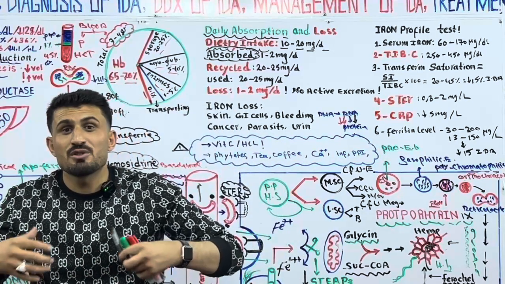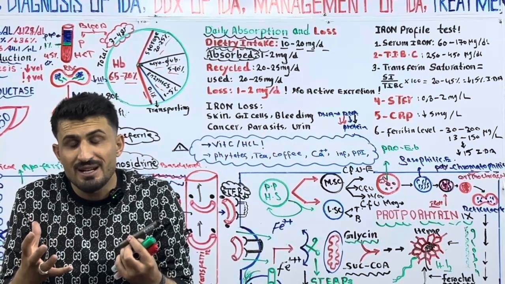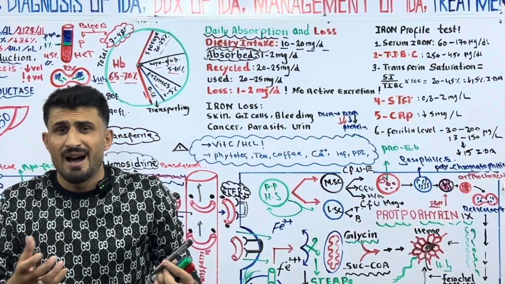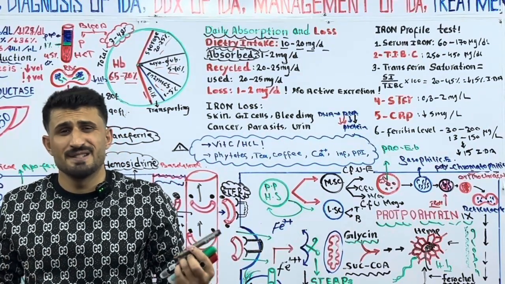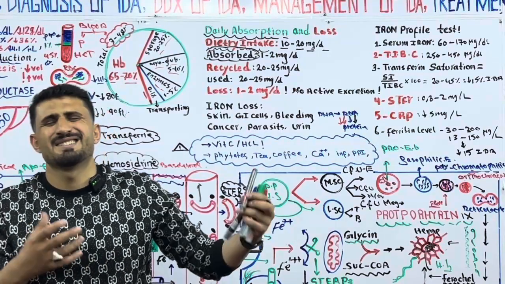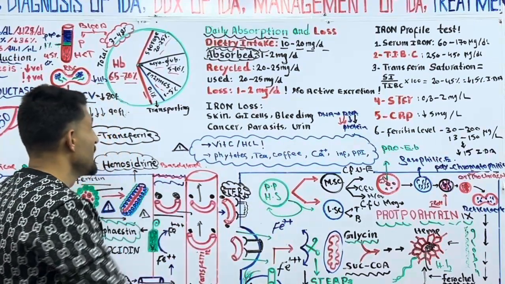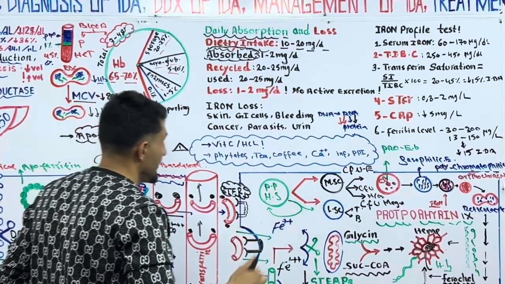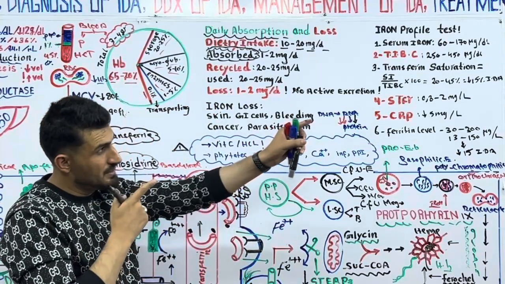And when hemosiderin is accumulated in our body, it's called hemosiderosis. And hemosiderosis causes a lot of disease. It causes heart failure, it causes kidney failure. That's why iron absorption is tightly regulated, and it's under the control of hepcidin.